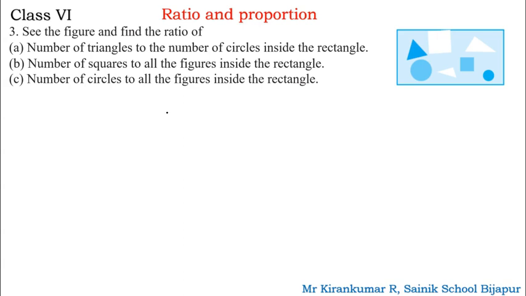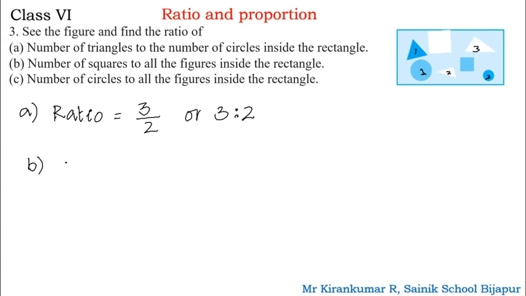Let us take the first one. We know that the number of triangles here is 3. So 3 triangles are there. Number of circles is 2. So the ratio is 3:2.